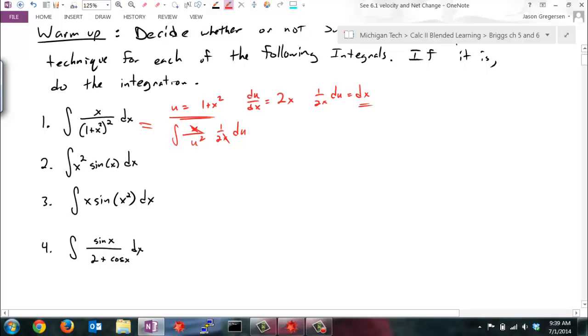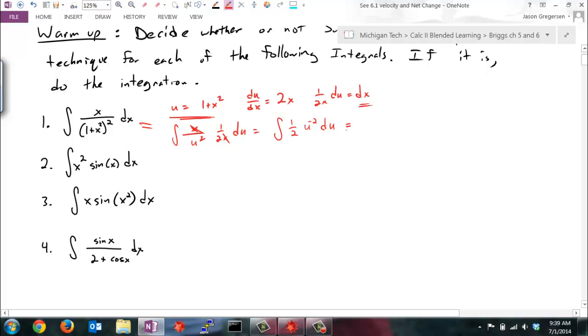If they don't, I would have a problem. And I'm really left with 1/2 times 1 over u squared, which I'm going to write as u to the negative 2 power du. I write it as u to the negative 2 just because I can see the power rule a little easier that way. Just a notational adjustment.